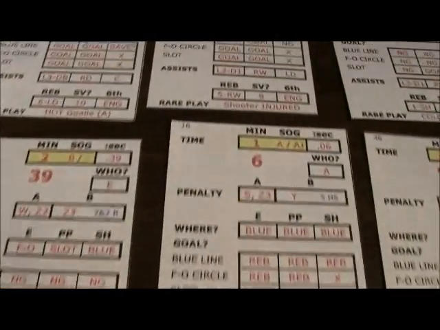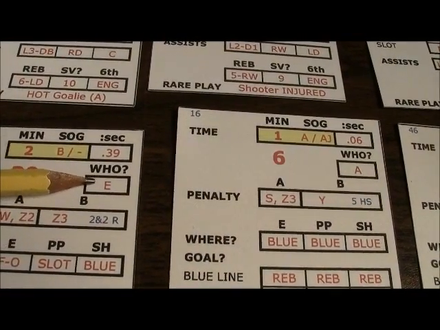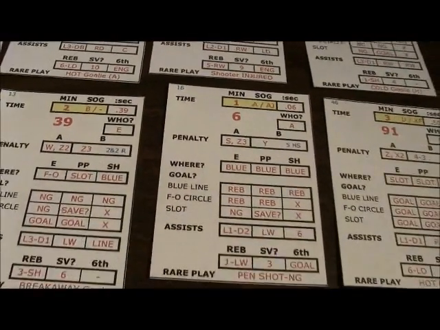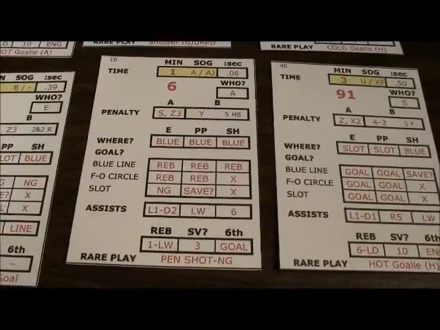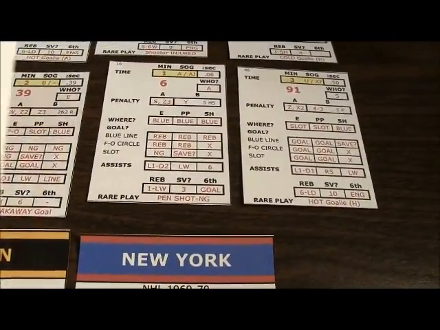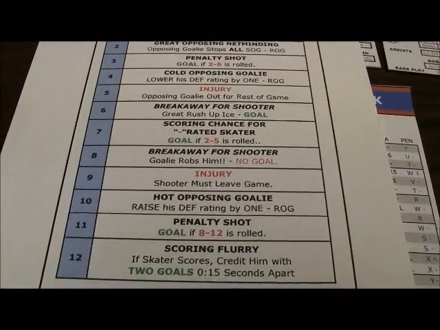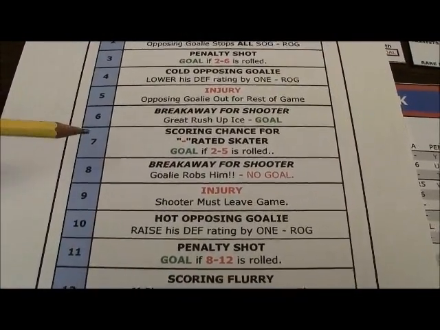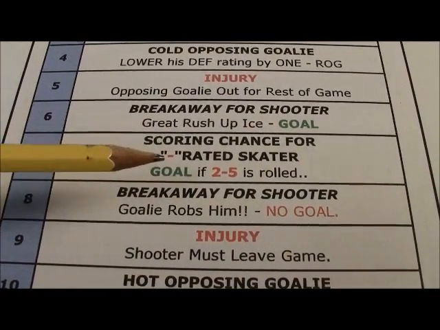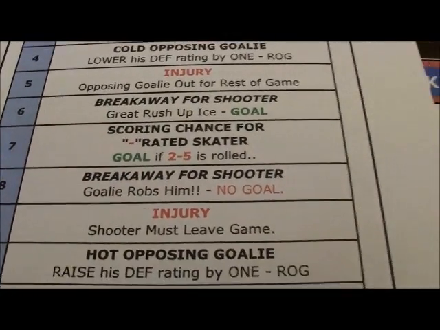Now, rare play will come up in the box right here where it's showing who gets a scoring chance. It'll say rare. And what that's referring to, I'll show you the chart that it's referring to. Now, the chart is incorporated onto the action cards, but if you were playing the dice version of the game, you'd be referring to this chart right here. And if you had rolled a 7, scoring chance for, we'll call that a dash rated player, a goal if 2 to 5 is rolled.